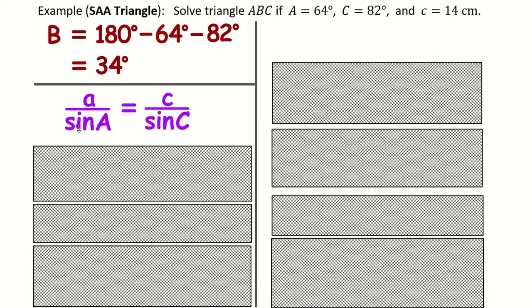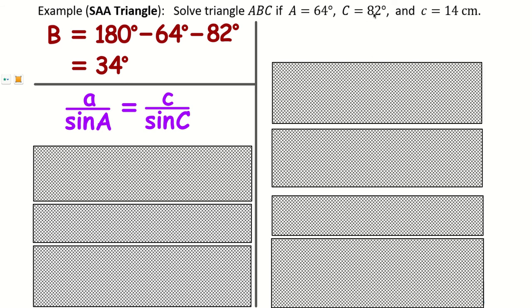Now we're going to move on to figuring out side A. I know this is the very first example, so we're still getting our feet wet, still trying to get the hang of what is going on here. But I hope you understand why this would get us somewhere. We have big A, so we're going to plug in for big A. We know little c, so we're going to plug in for little c.